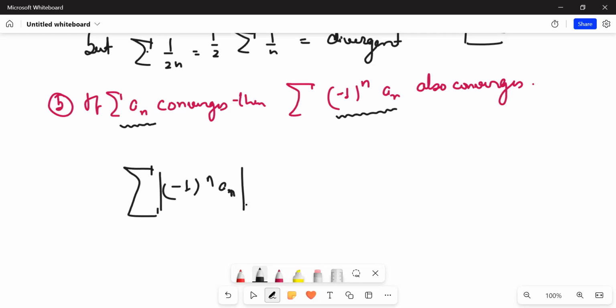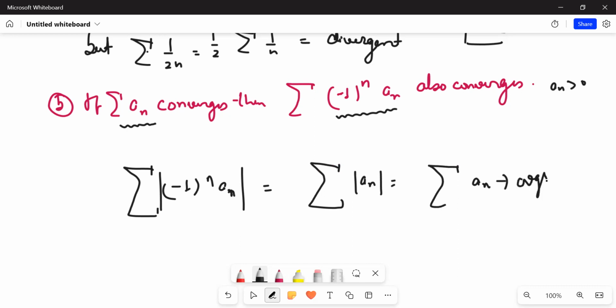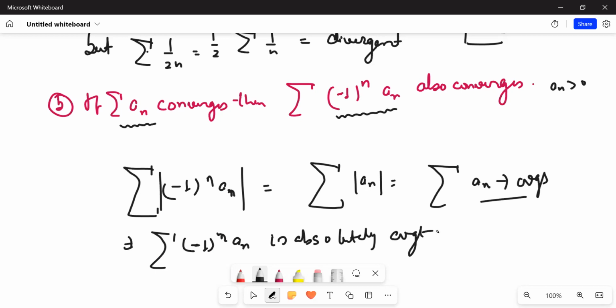So I'm going for absolute convergence. Here an is greater than 0. It implies that the modulus of minus 1 raised to power n times an is nothing but an, so the sum is equal to summation an. And I know that this converges. If this converges, then it implies that summation minus 1 raised to power n, an is absolutely convergent. And always remember, if the series is absolutely convergent, then it is convergent.